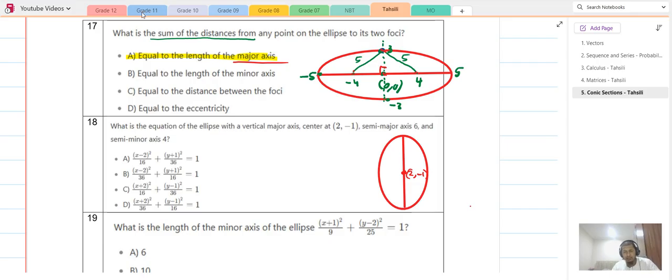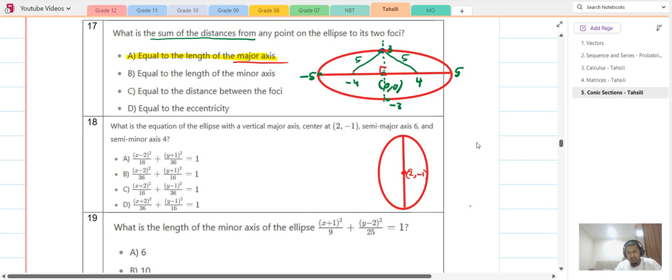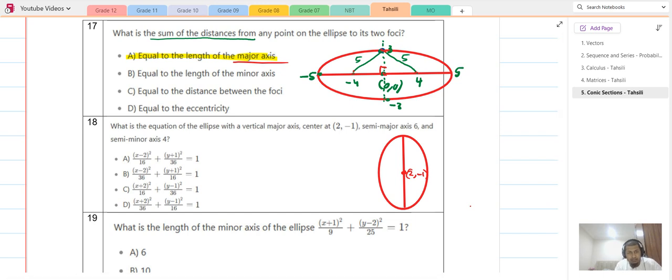What do they mean by semi-major axis? It's basically the distance from the center to there, and the distance from there to there. The entire thing is the major axis. So this is a semi-major axis and a semi-major axis. The wording is a bit confusing.